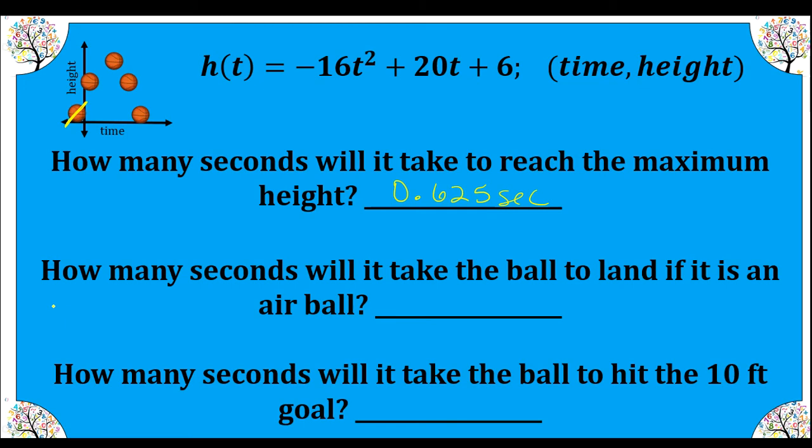So we're going to use the quadratic formula. We're going to say negative b plus or minus the square root of b squared minus 4 times my a value times my c value, all over 2 times a. Let's clean this up a bit. 20 squared is 400.